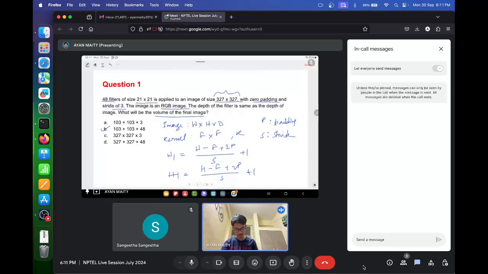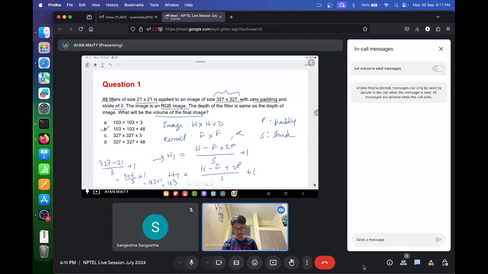So if we plug these values into w1, w equals 327, f is 21, padding is 0 and stride is 3, so it should be 306 by 3 plus 1, which is 102 plus 1, that is 103.